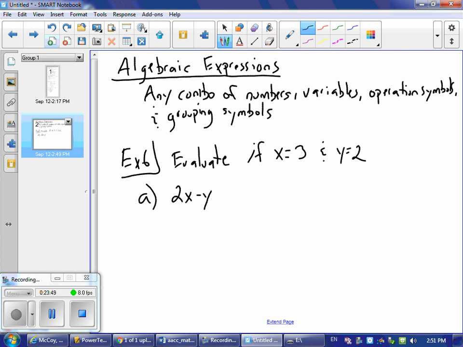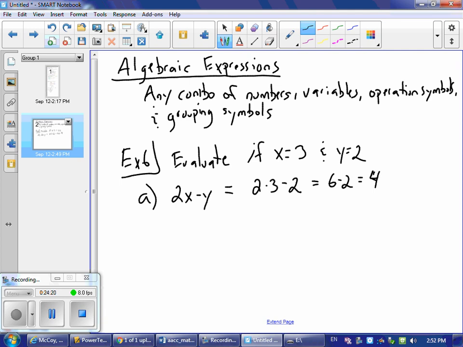Now what's important is that you understand that the original expression 2x minus y says 2 times x minus y. That's what that means. So when I put this stuff in here, it's 2 times 3 minus the y, which is 2. And then it's order of operations. Multiply first. 2 times 3 is 6, minus 2, and then the last thing is subtract. 6 minus 2 is 4. There we go.